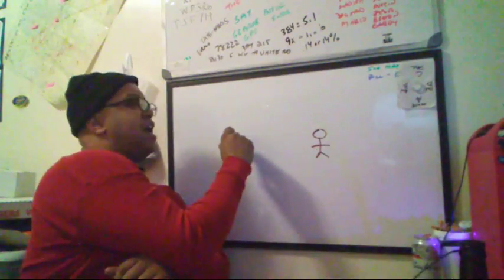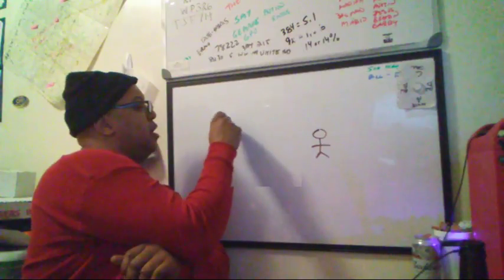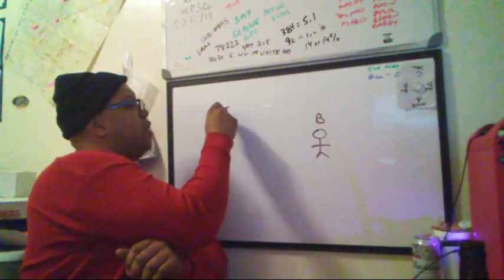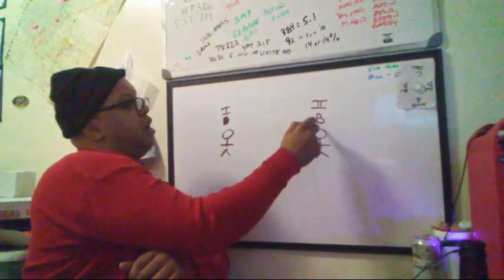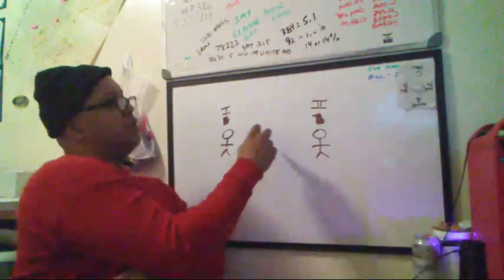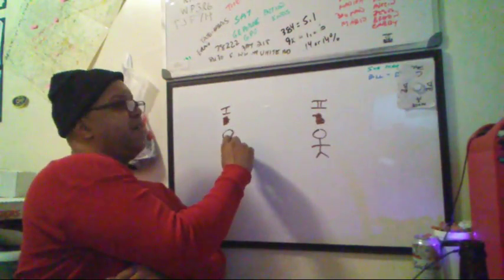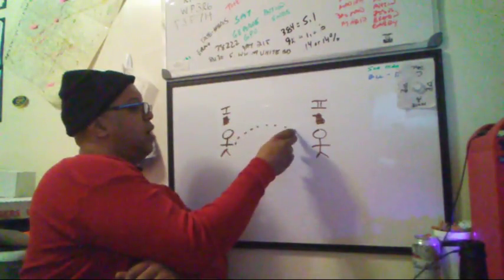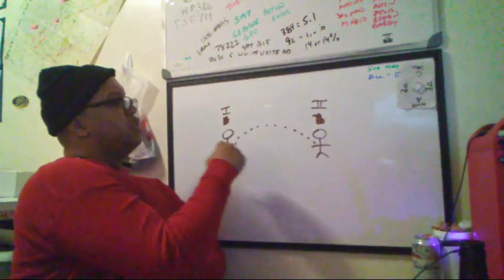So we have child 1 and child 2, because those are the labels. Child 1 is throwing something at child 2.